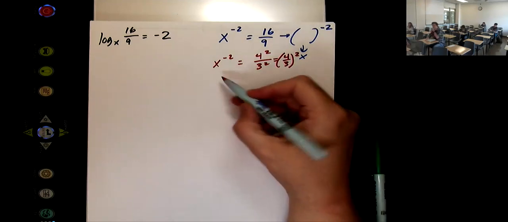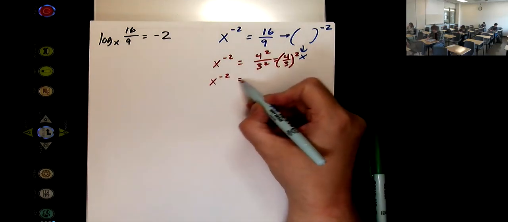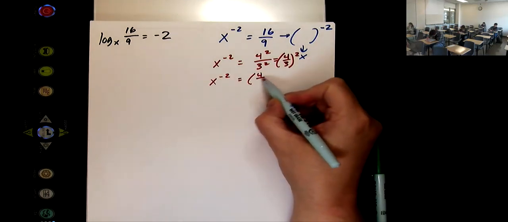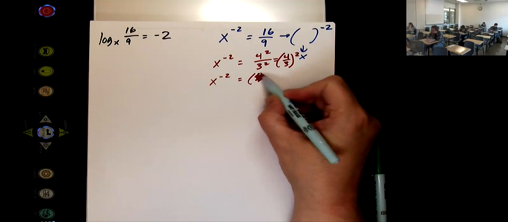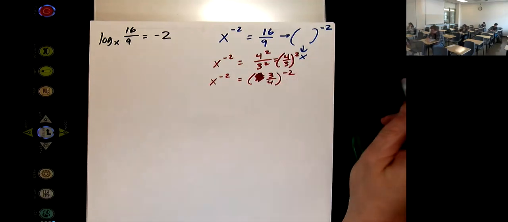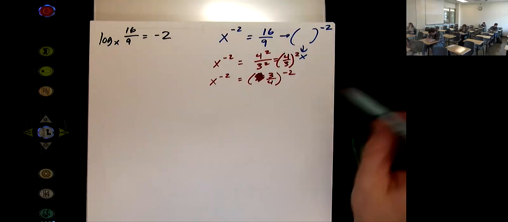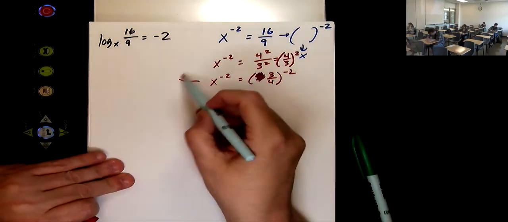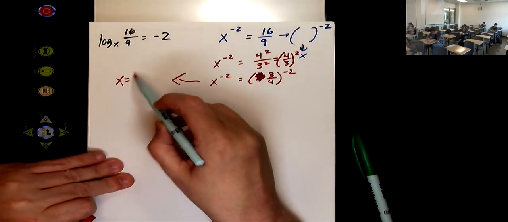And then we can flip that thing. Flip 4/3, we get 3/4. And that'll be to the -2. And that shows us that x equals 3/4.